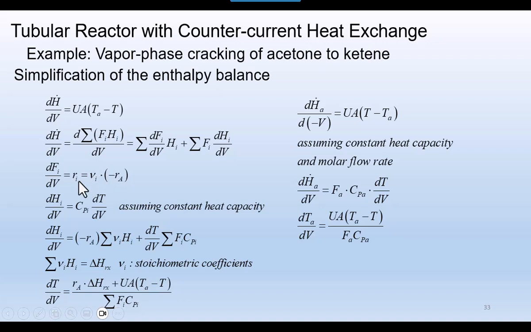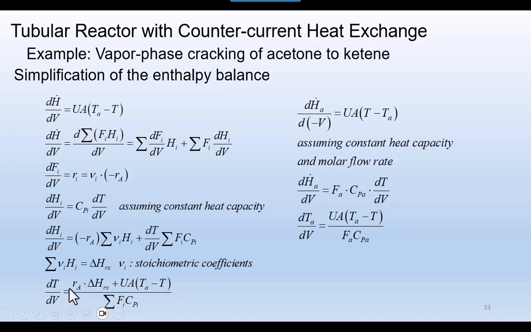The first one of these corresponds to the expression here, corresponds to our rate expression, and then over here, this particular expression corresponds to heat capacity dT/dV if we assume a constant heat capacity. If we put these together for the overall for a component, then we can sum these with the stoichiometric coefficients in order to get our change having to do with reaction.